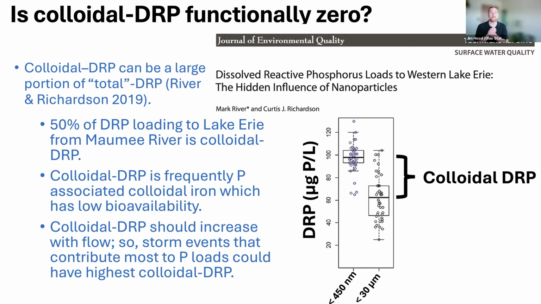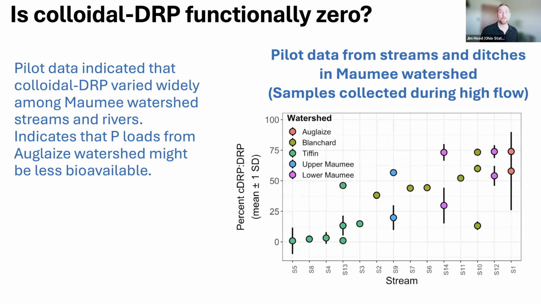Colloidal DRP should increase with flow. So during these storm events that have the highest DRP loads, those should have the highest colloidal DRP. This suggests that colloidal DRP is something we really need to pay attention to within the Maumee River. We also had pilot data from a number of different rivers across the watershed, during storm events.